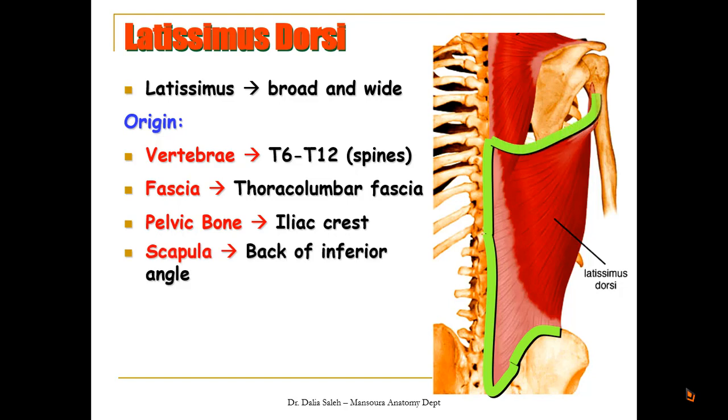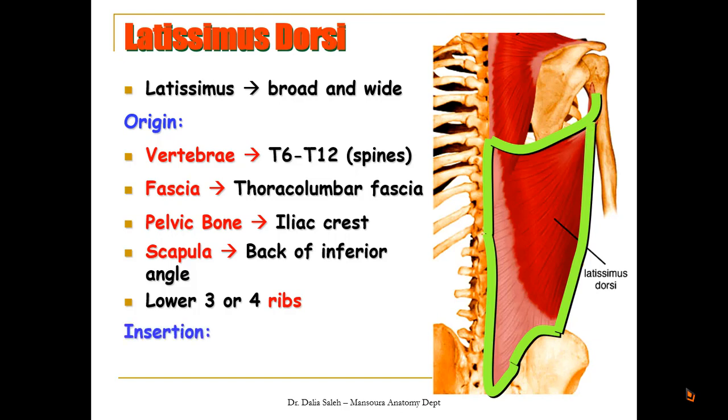Its upper border, while winding around the thoracic wall, is also attached to the back of the inferior angle of the scapula. Its lower fibers, going upward towards the insertion, are also attached to the lower 3 or 4 ribs. Then it is inserted into the bicipital groove of the humerus.